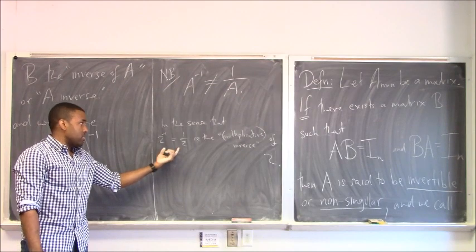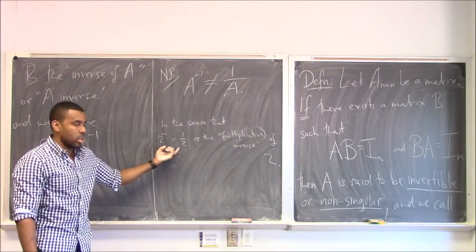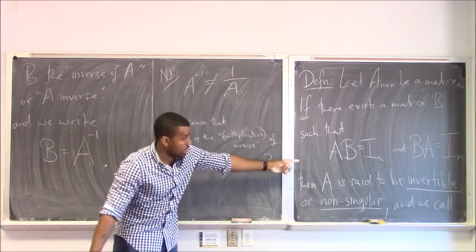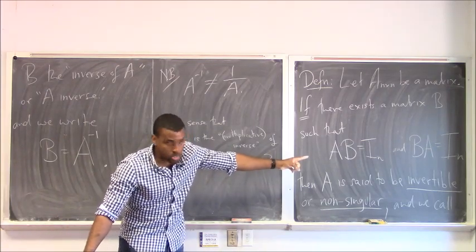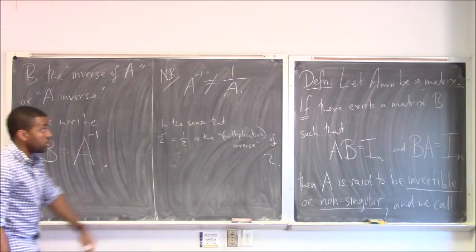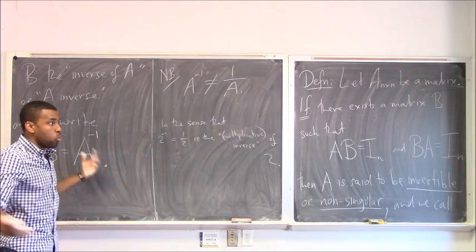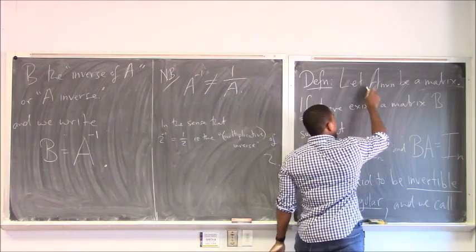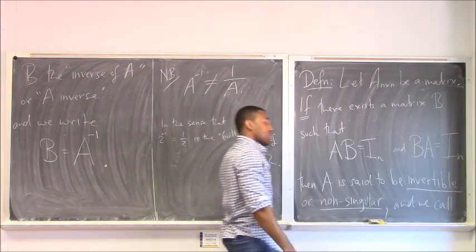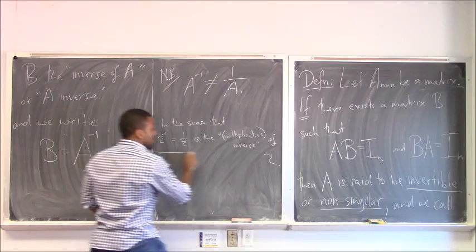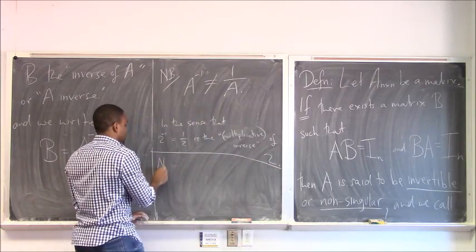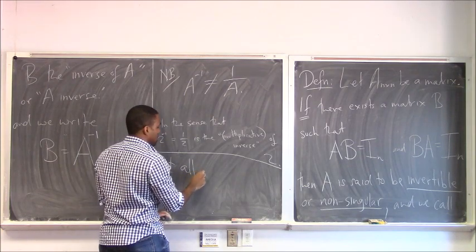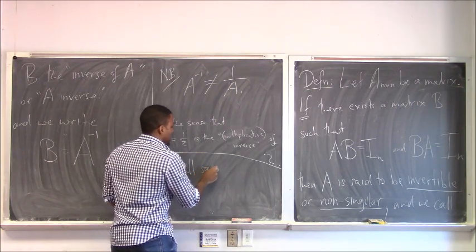Division is by definition an operation that is defined on all non-zero elements of a set. It turns out that there are non-zero elements here where a matrix B does not exist that has this property. So it's not true among all matrices. This is just something that some square matrices have. Not all square matrices have inverses.